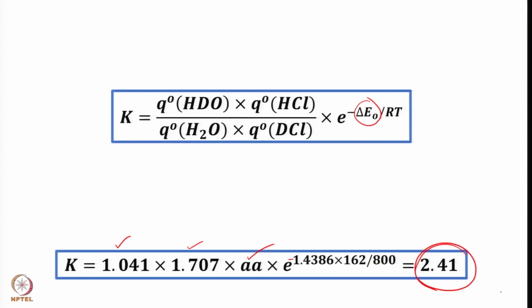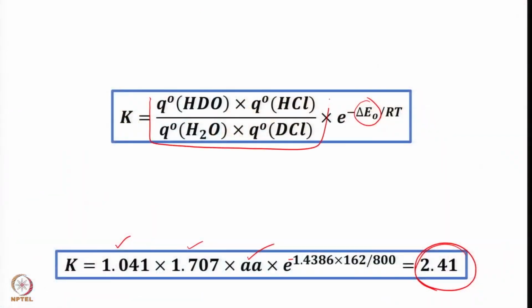The question was complex, but we discussed how to simplify a complex problem, because the ratio of these partition functions takes a shape where many factors cancel out and you have a simplified version, either in terms of molecular masses, molar masses, or in terms of their rotational constants and vibrational wave numbers. We also discussed how to get this difference in zero point energies from the vibrational wave number data.